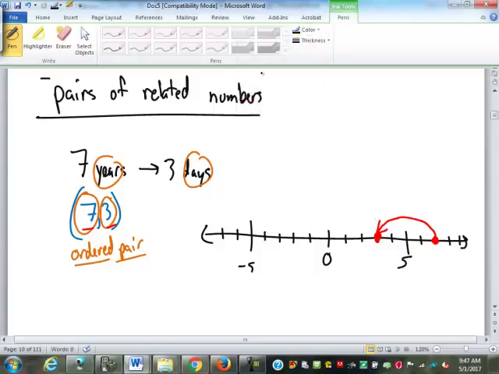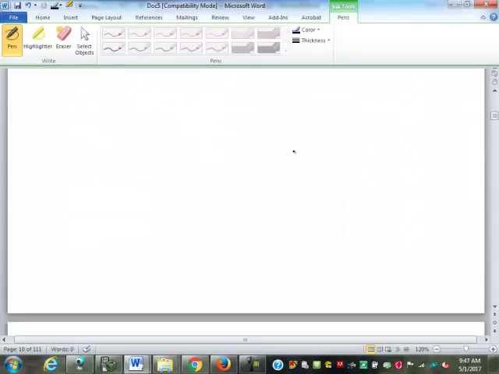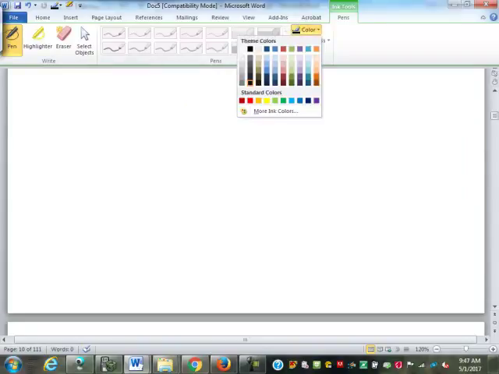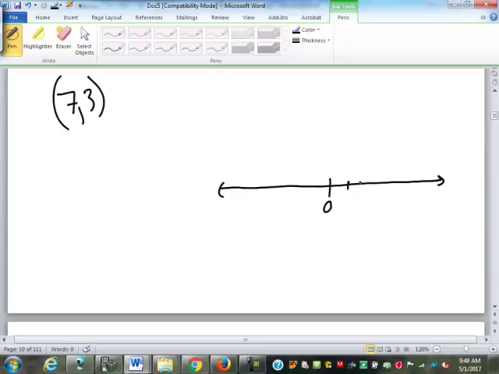So a man by the name of René Descartes, a couple thousand years ago, came up with something called the Cartesian coordinate system. And what Descartes said is, if I'm going to represent a number like 7, 3, that pair of numbers that has that relationship, I'm going to take a number line, just like I always have, with 0 in the middle, positives to the right, negatives to the left.